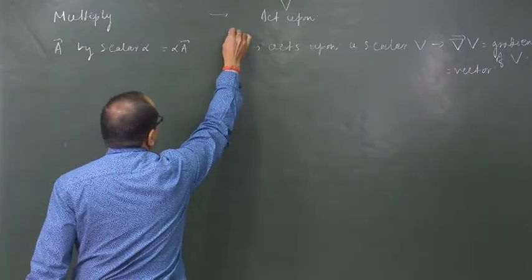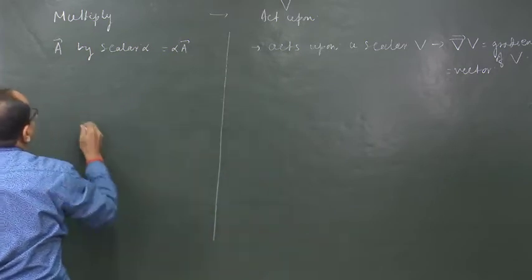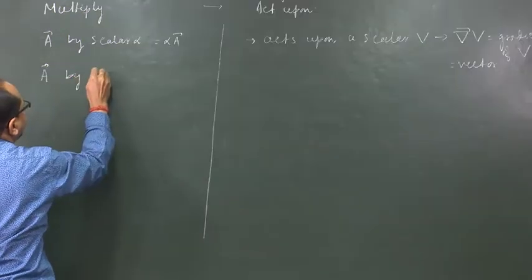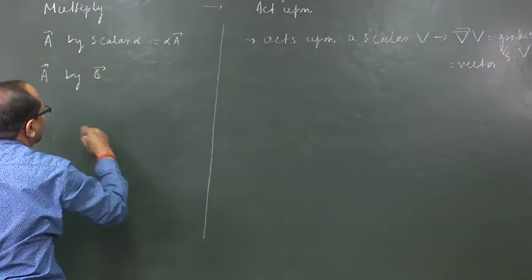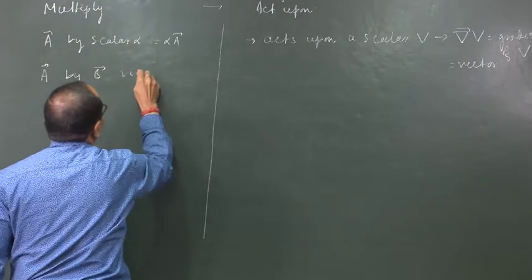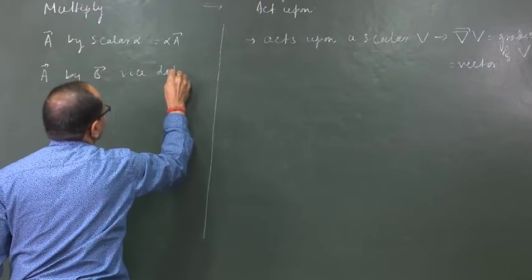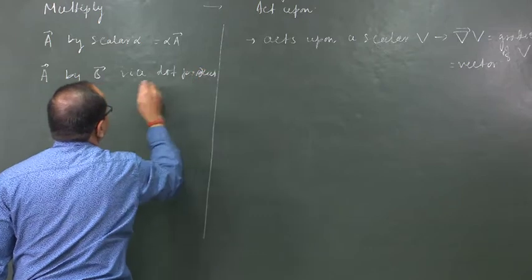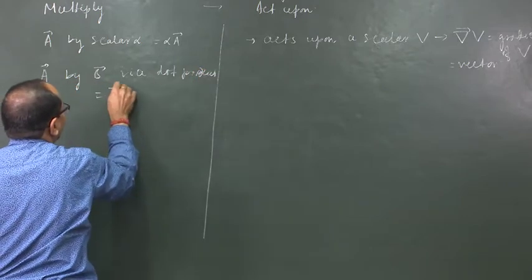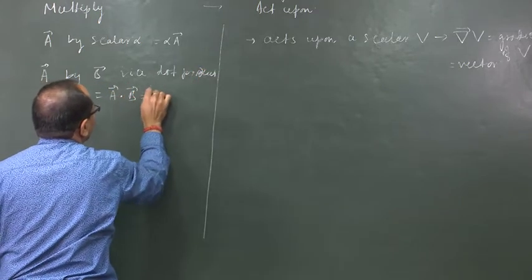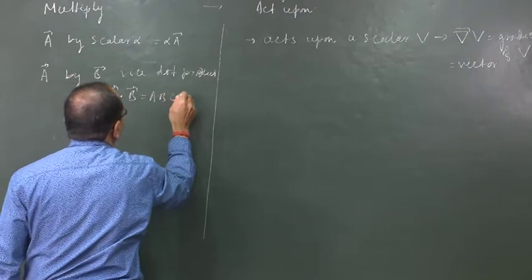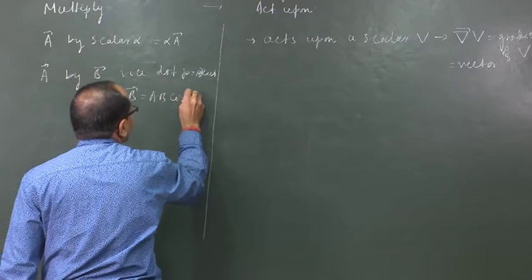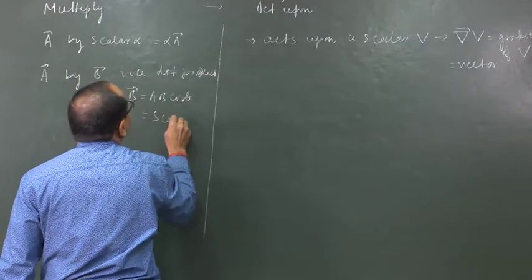Then we multiply a vector by another vector B via dot product, which gives A dot B equal to magnitude of A into magnitude of B into cos theta, which is a scalar.